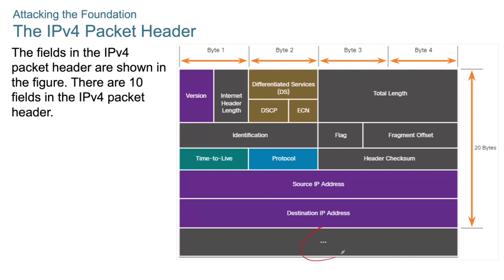This optional padding field varies in length from 0 to a multiple of 32 bits, because if the option values are not a multiple of 32 bits, then zeros are added or padded to ensure that this field contains a multiple of 32 bits.